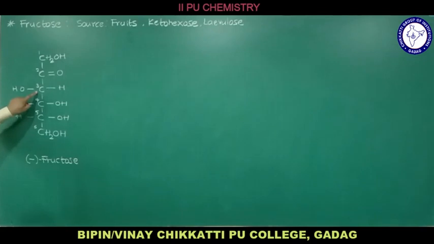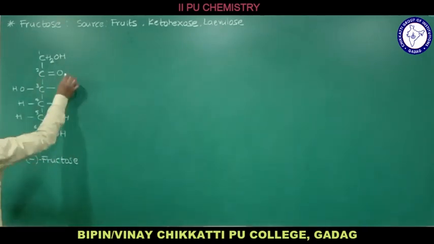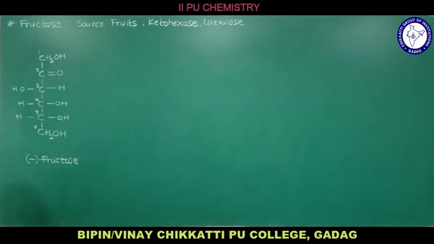Carbon number 3 is asymmetric, 4 is asymmetric, 5 is asymmetric, so 3 asymmetric carbons we have in fructose, and you should consider the asymmetric carbon which is at the most distance from the functional group, and this is the functional group. Therefore carbon number 5 is the asymmetric carbon, and on this asymmetric carbon OH is on the right side. I hope now you can say this is D configuration, D minus fructose.